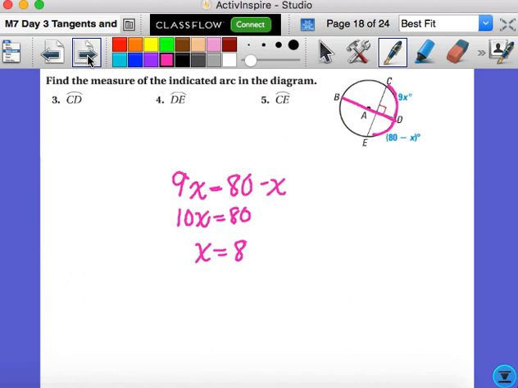So when I go back, C to D is going to be 9 times 8, which is 72 degrees. D to E is 80 minus 8, which is another 72 degrees, but they should be equal, so that makes sense. And then from C to E, remember that when we use two letters, that's the minor arc. So we're just combining those together. 72 and 72 makes 144.